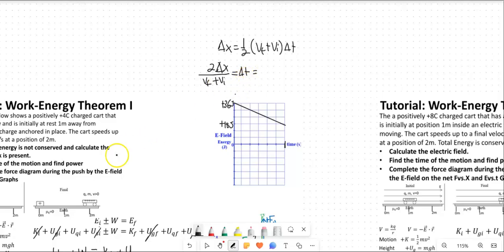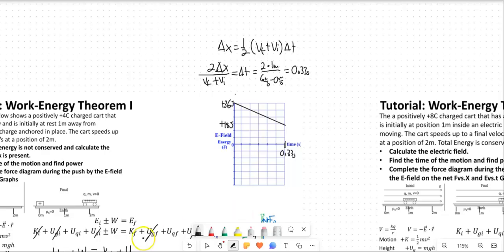So the distance it moves is a total distance of 1 meter. So that's going to be 2 times 1 meter displacement over the final speed was 6 meters per second. The initial was 0 meters per second. So this is going to be 2 divided by 6, which is 0.33 seconds. So this is over 0.33 seconds.